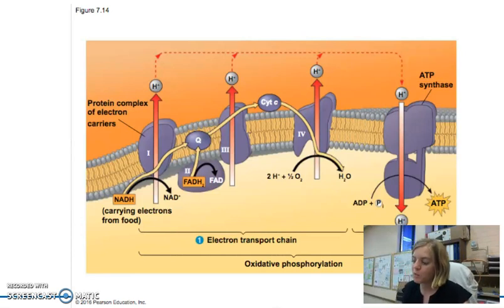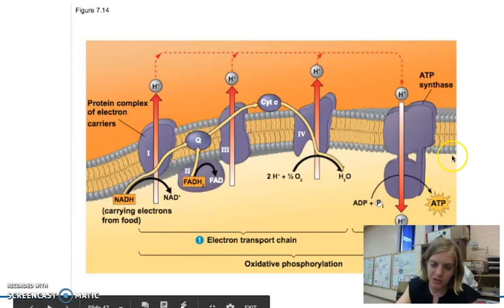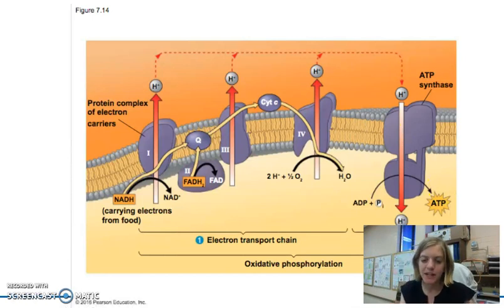And the way that that works is our protons pass through, and then you saw the little rotor. It kind of almost like clicks and turns because those protons are being passed through the ATP synthase, and that's the sign for it to change shape, which allows the ADP to bond to the inorganic phosphate, giving us ATP.